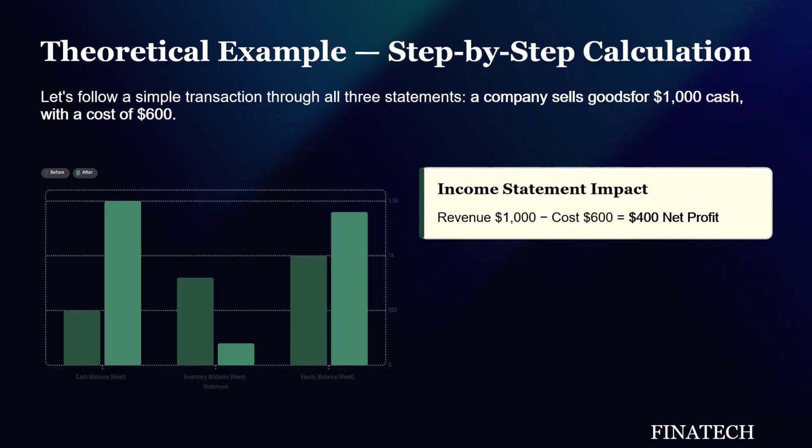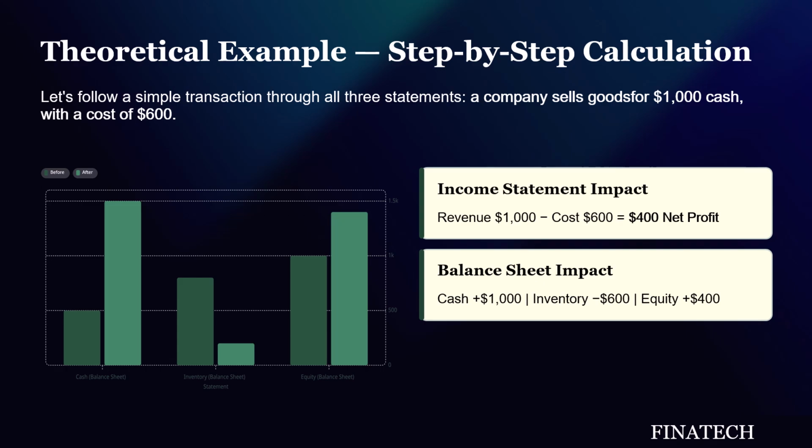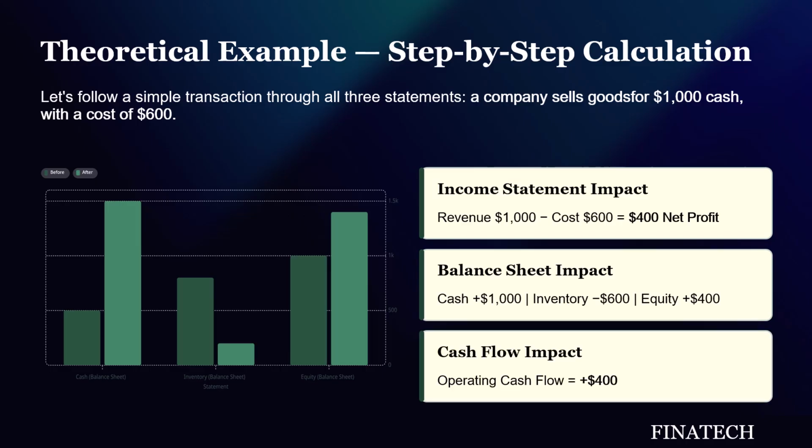The income statement impact: the revenue is 1,000 and the cost is 600. So we have $400 net profit. The balance sheet: cash 1,000, inventory down 600, equity 400.